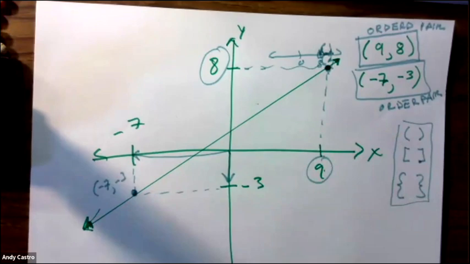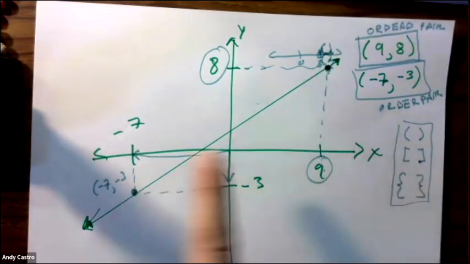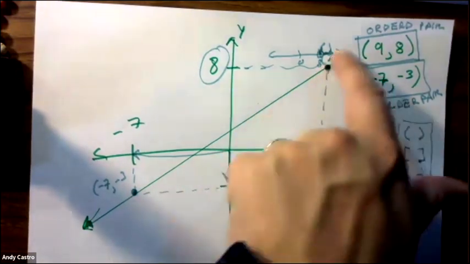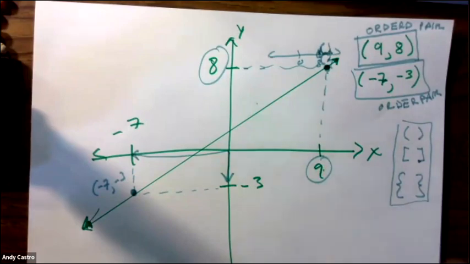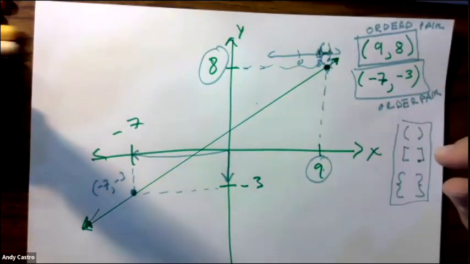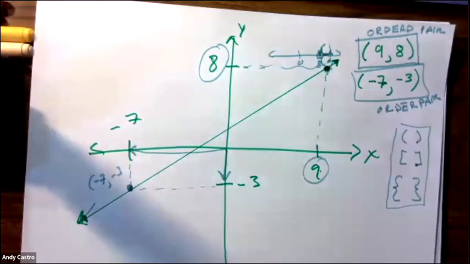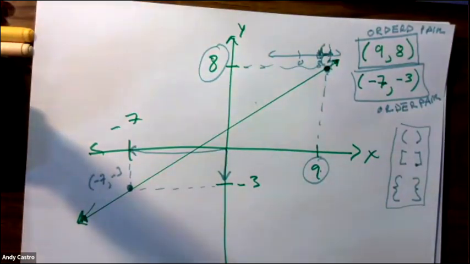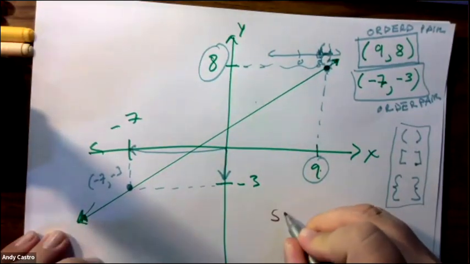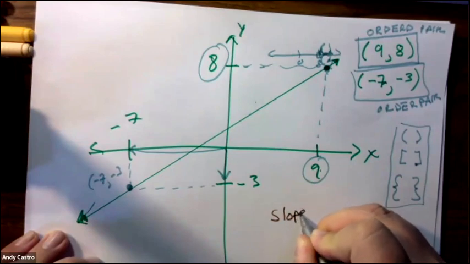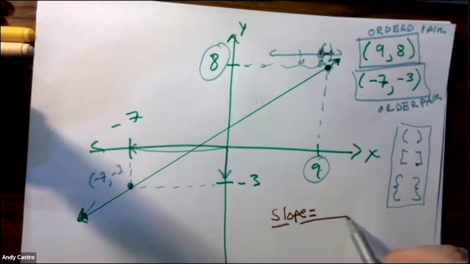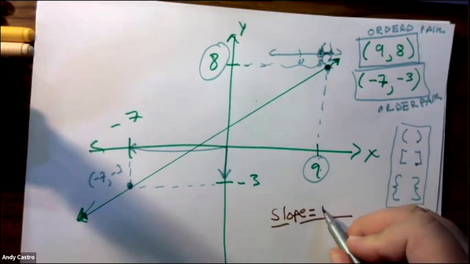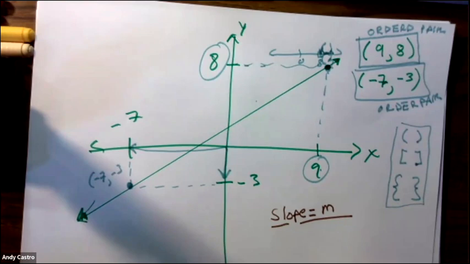You'll notice that those 2 points have created a line. Now what we can do is find something called the slope. And the slope in algebra is always denoted by the letter m. The slope is always the letter m.